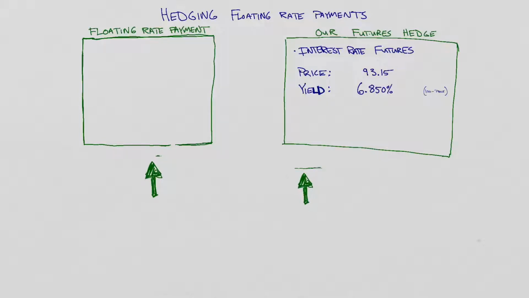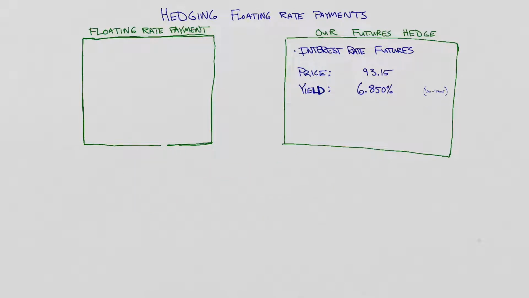Whatever interest rates are doing, it doesn't really affect effectively how much we have to pay to our investors. We take the profits from this in that scenario where interest rates go up and use those extra profits to pay the extra cost of our loan. That's the idea of using a futures hedge to hedge a floating rate interest rate payment.